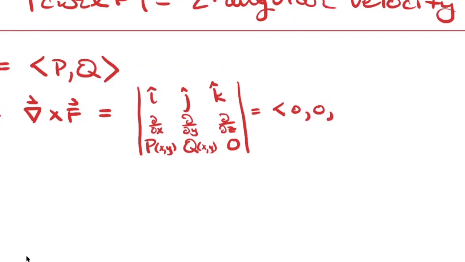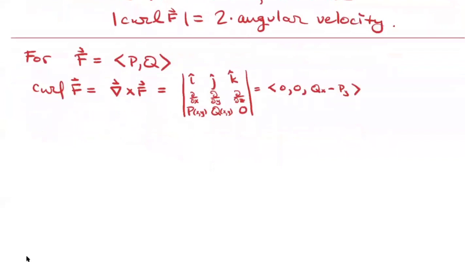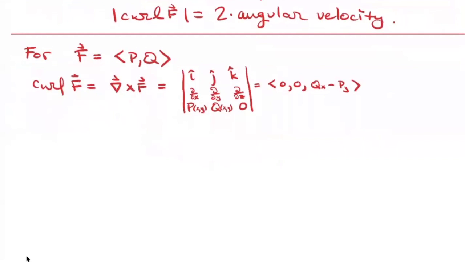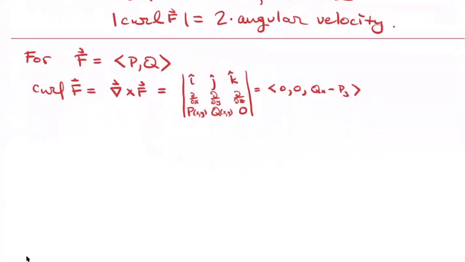And the third coordinate, partial of Q with respect to x, that's Q_x, minus partial of P with respect to y, that's P_y, like that. Okay, so that's the curl of a two-dimensional field. Any questions? Yeah, everything's two-dimensional right now.